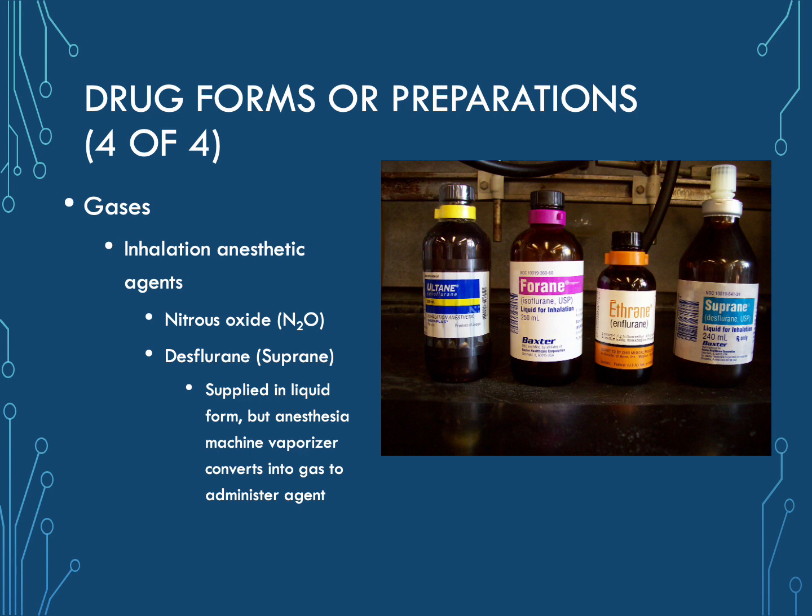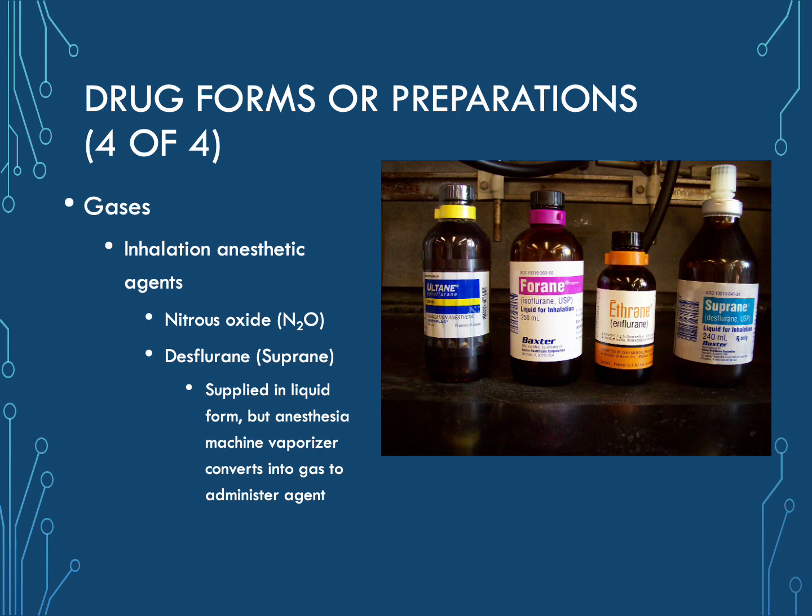Okay, our last drug form is gases. They're the fourth and final drug form, and really, nitrous oxide is the only common medication that is available in gas form. However, we do use some inhalation anesthetic agents in surgery. Some are depicted in this picture that you see here on the slide, but they don't start out as gases.